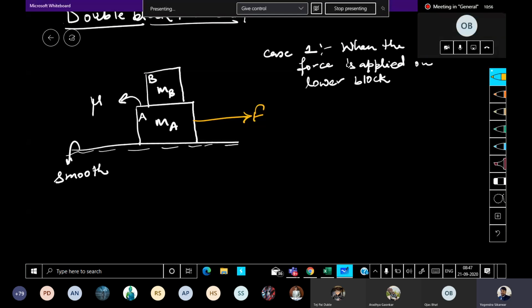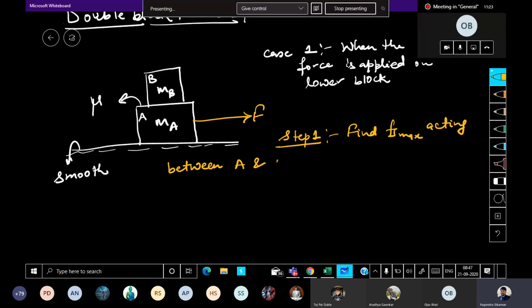First of all, there are multiple steps, so let us solve it step by step. Step 1, find Fs max acting between A and B. Now let me tell you how much that Fs max will be.